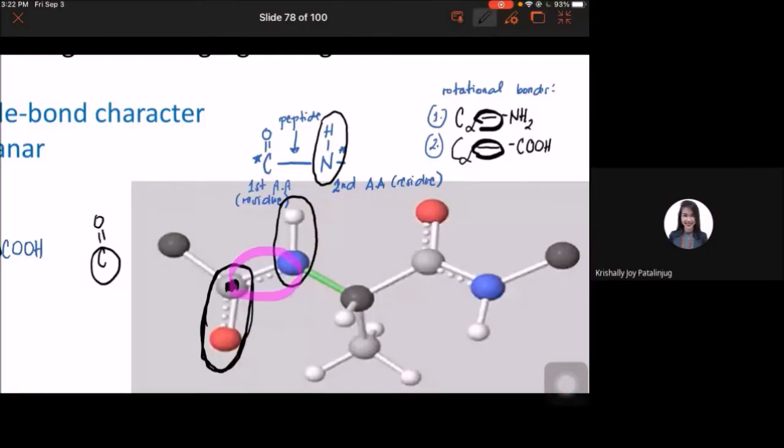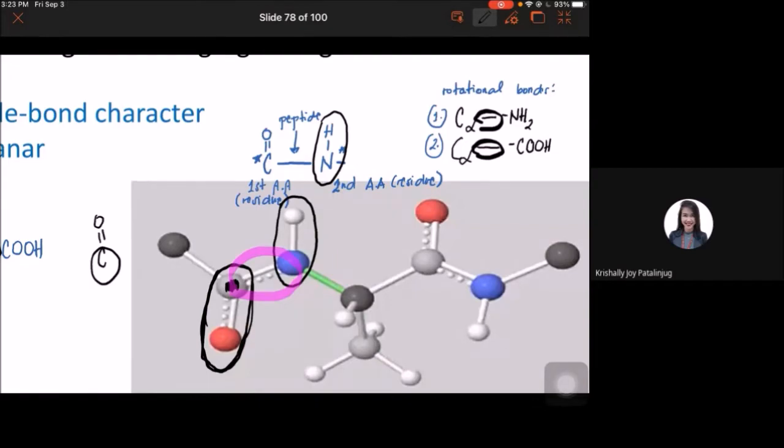So to make it easier to identify rotational bonds in a 3D structure, the first step is to find the alpha carbon, because the rotational bonds are the ones surrounding the alpha carbon.